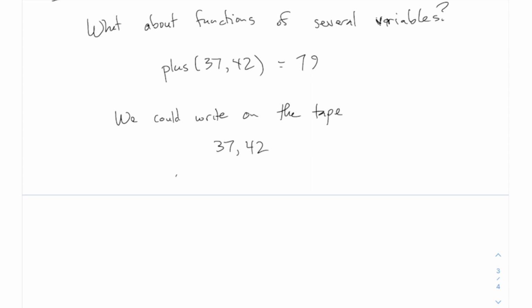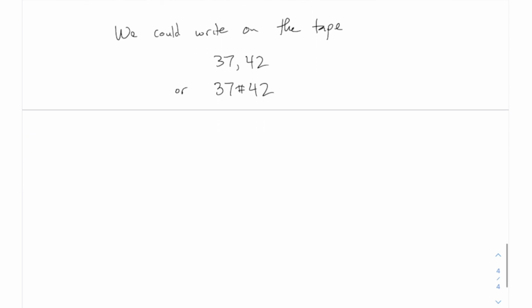Oftentimes this is done with some kind of special separator character, and people like to use the hashtag as a generic kind of separator. So everything before the hashtag is the first input, and everything after the hashtag is the second input. So we could write it like that on the tape. This is one way that you could specify a function with 2 inputs by just separating them with some separator symbol.